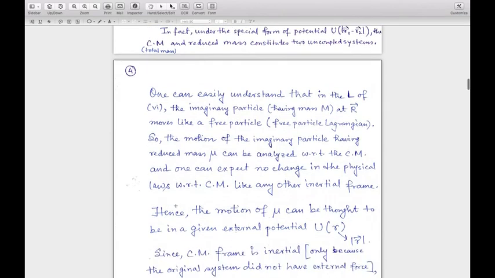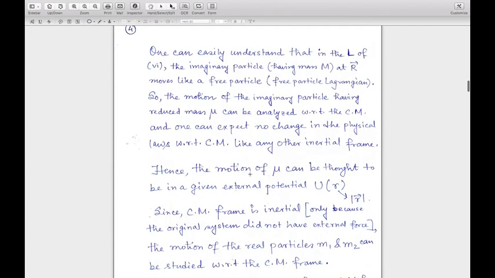Okay, so they can easily be related by choosing a suitable Galilean transformation. That's it. Hence, the motion of mu can be thought to be in a given external potential u.